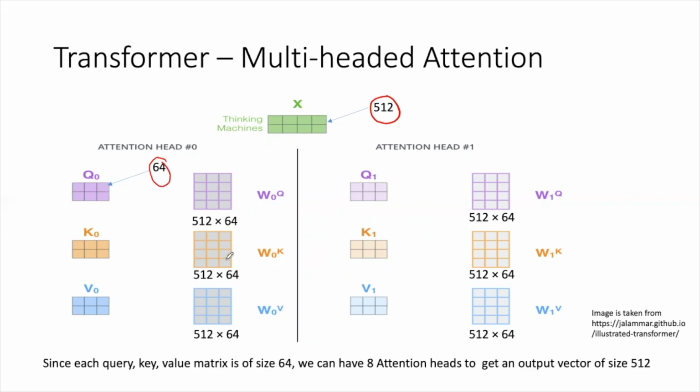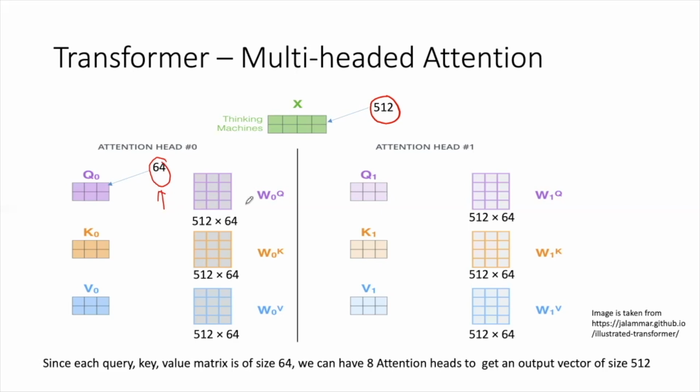Since we have reduced the dimensions, when we combine the value vectors and generate a contextual representation for each of the words, they will be of dimension 64 because we have reduced the dimension through these matrices.